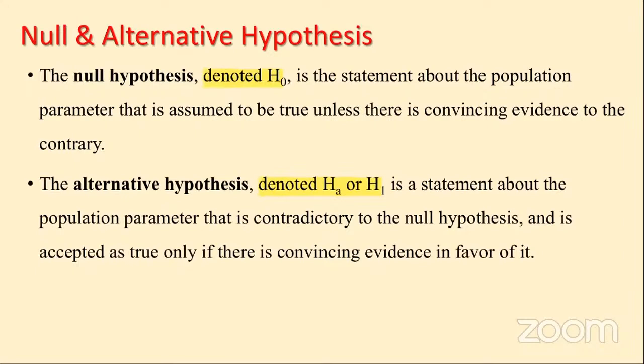It is accepted as true only if we prove the null hypothesis to be false, because we consider the null hypothesis as true. Make sense? And it is accepted true only if there is convincing evidence in favor of the alternative hypothesis.